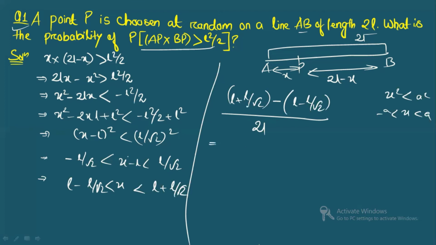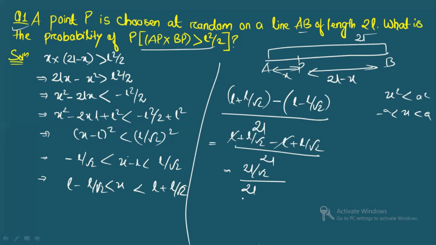When you solve this, you will get (L plus L by root 2 minus L plus L by root 2) divided by 2L. So this L and L will get cancelled. You will have 2L by root 2 divided by 2L, and this will give you 1 by root 2. All right, so this is the probability of AP cross BP greater than L square by 2. It's 1 by root 2.